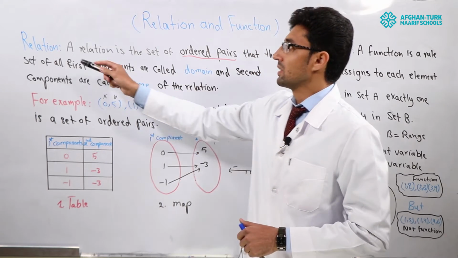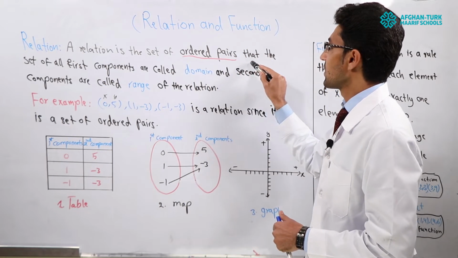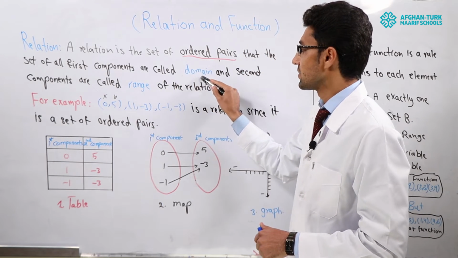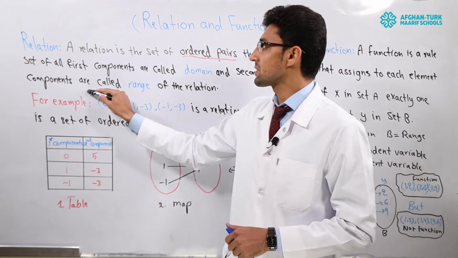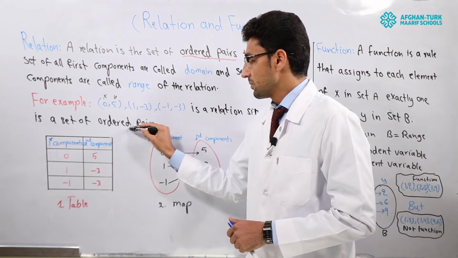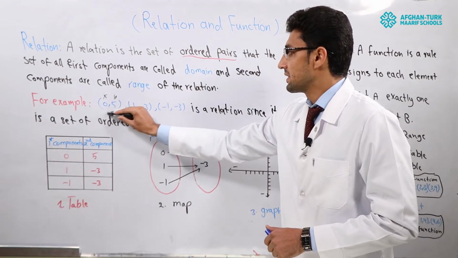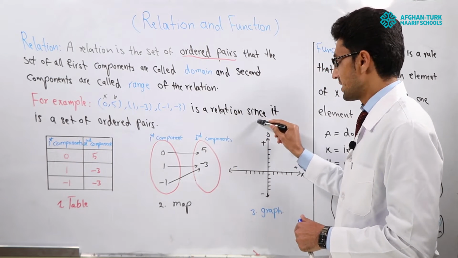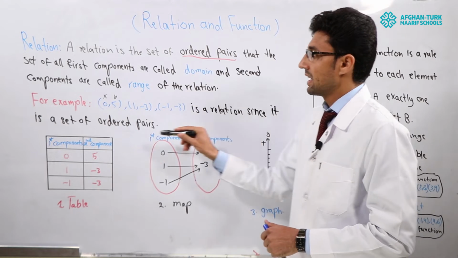So once more, a relation is a set of ordered pairs where the first components are called the domain, and the second components are called the range. Very simple.